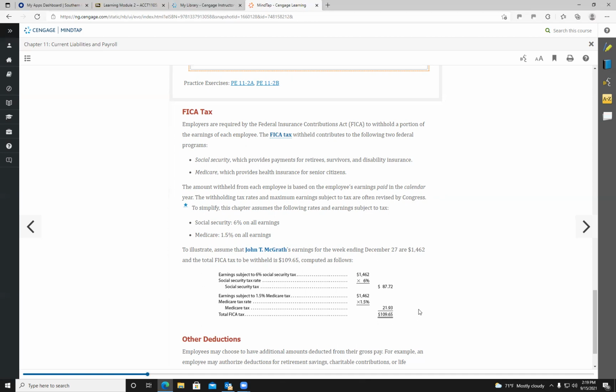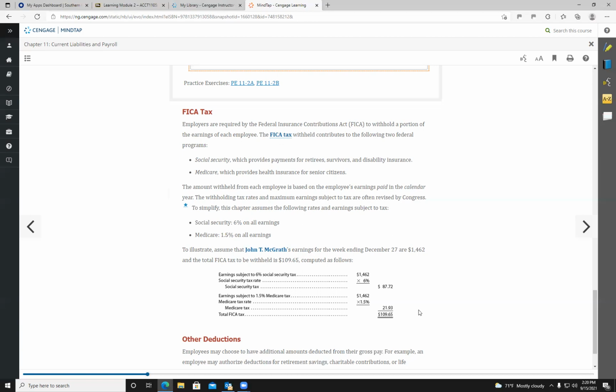It was at one time, Social Security was 6.25% and Medicare was 1.4%. So if you are working in the field and that is the calculation you're using, make sure that you're using the right calculations. If you're working in a payroll department, you can go to the IRS website and easily find this information out. But for the book, we're going to continue using the calculations the book has broken out.